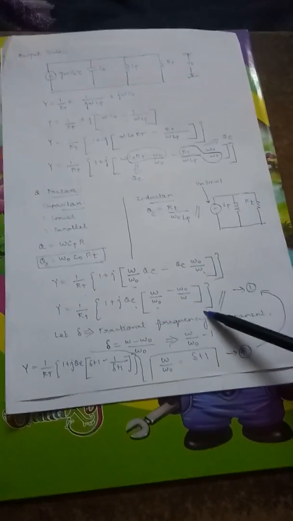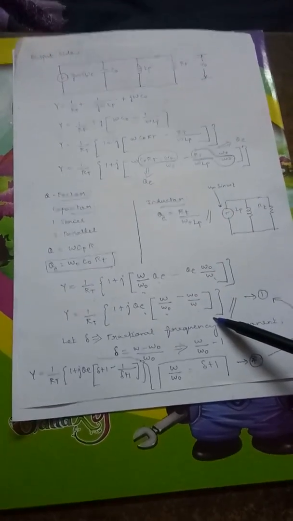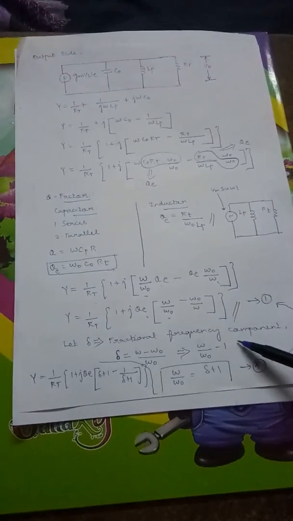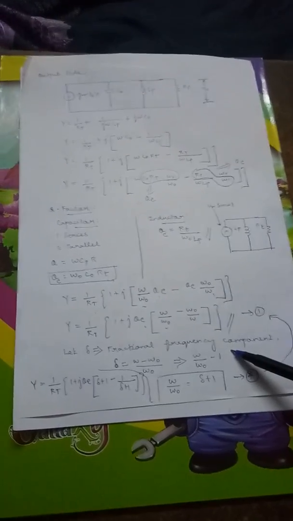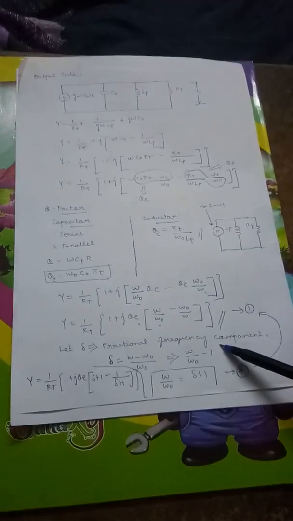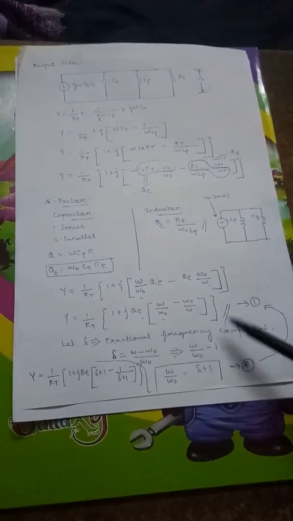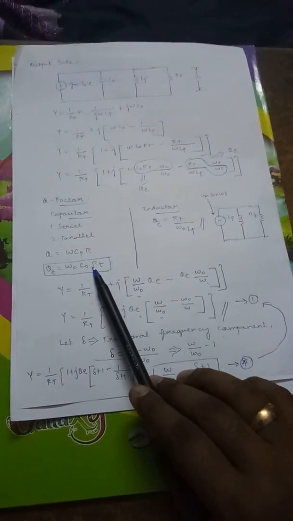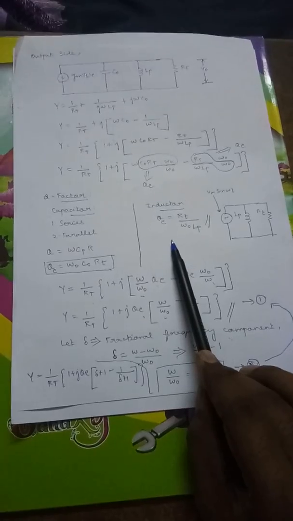Now, for further simplifying the derivation of the admittance, I am going to take del as a fractional frequency component. What is the reason why del should be taken in this case? The reason is, I am considering the quality factor of a capacitor as well as the quality factor of an inductor.